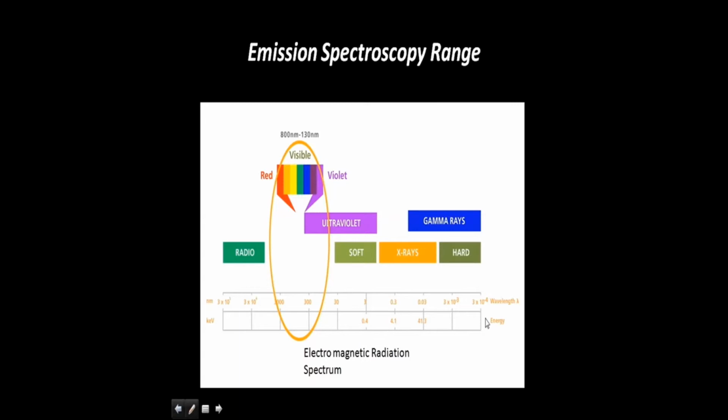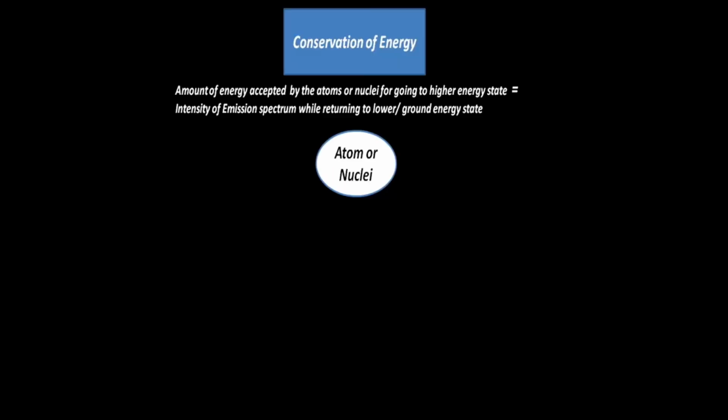However, in case of emission or optical emission spectroscopy, we utilize the visible spectrum and part of the ultraviolet spectrum. The precise range is from 130 nanometers to 800 nanometers. The entire principle of spectroscopy is based on conservation of energy, the energy being conserved within the atom or nuclei.